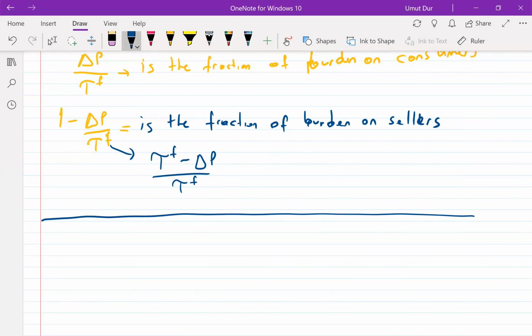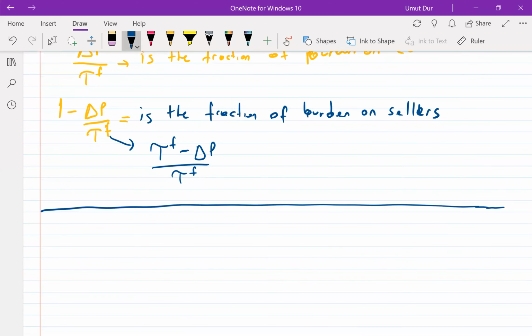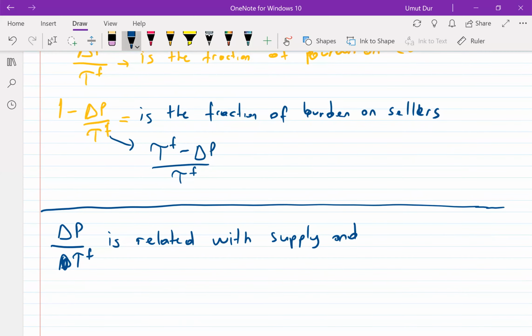Let's try to understand how these are related. We will see that delta P over tau F is related with supply and demand elasticities.